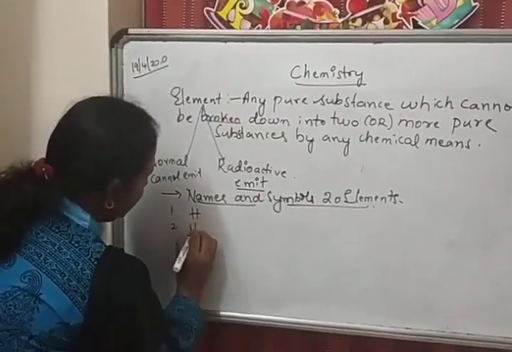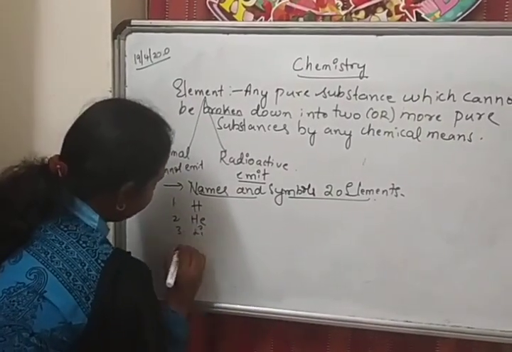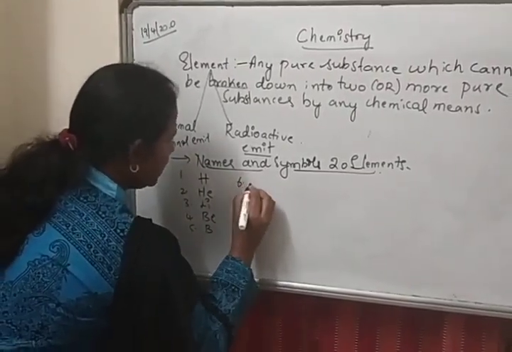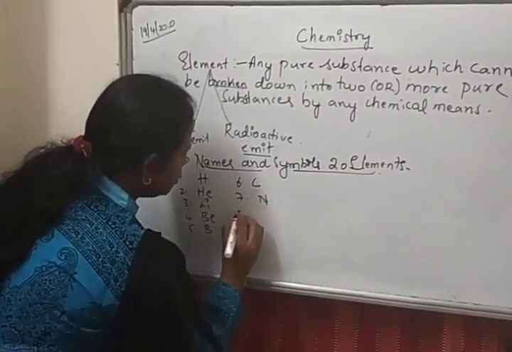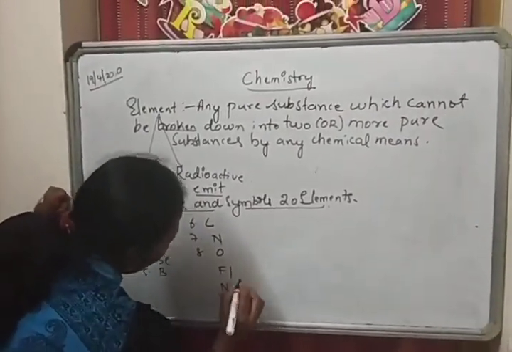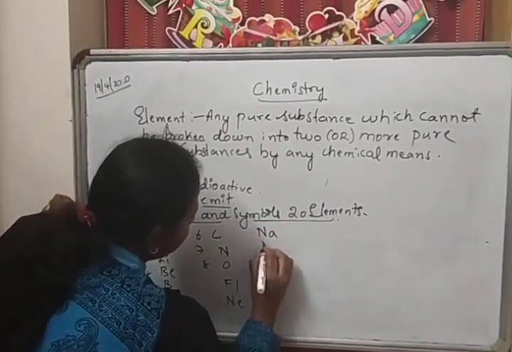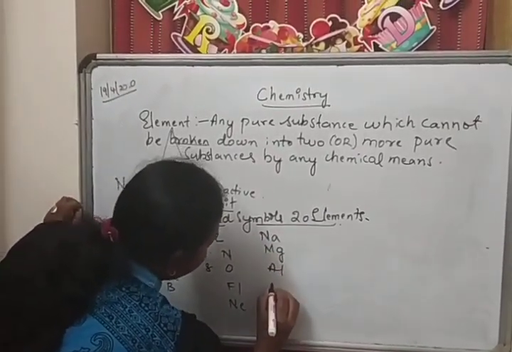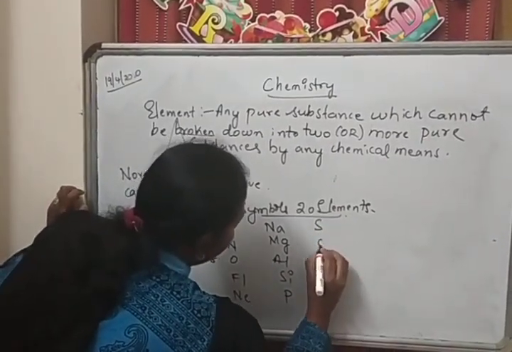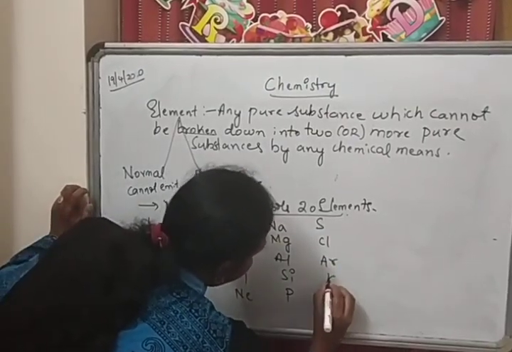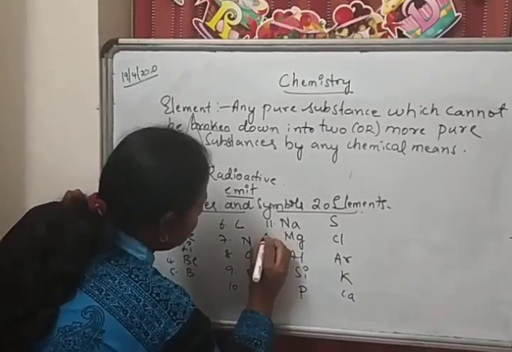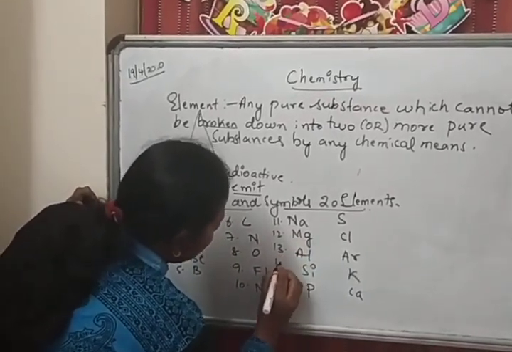Hydrogen, helium, lithium, beryllium, boron, carbon, nitrogen, oxygen, fluorine, neon, sodium, magnesium, aluminium, silicon, phosphorus, sulfur, chlorine, argon, potassium, calcium. These are the first 20 elements we have learnt in the last class.